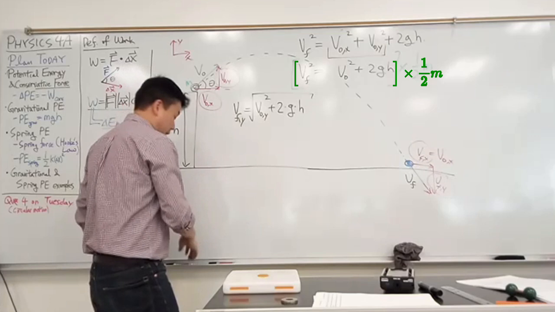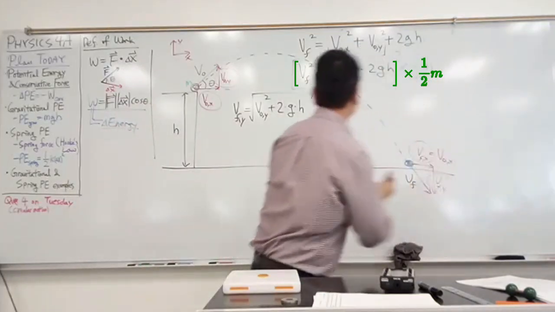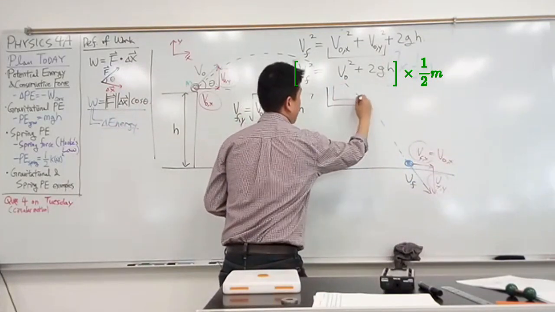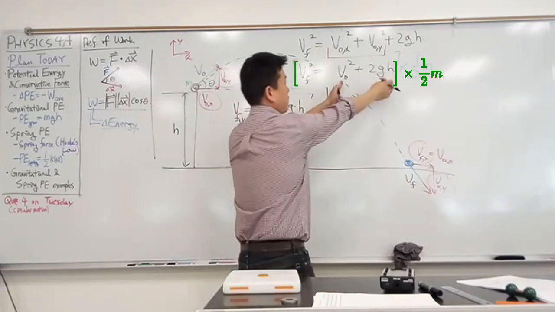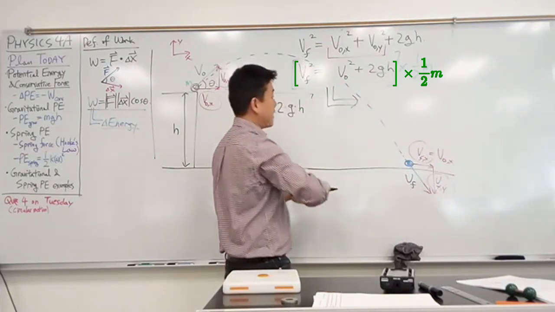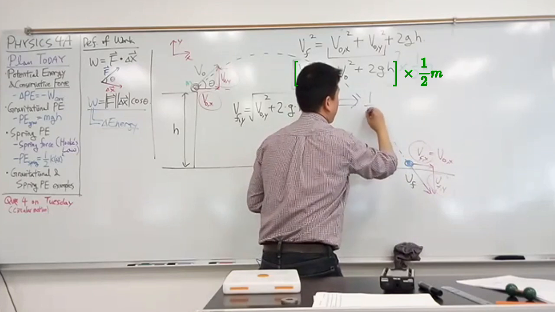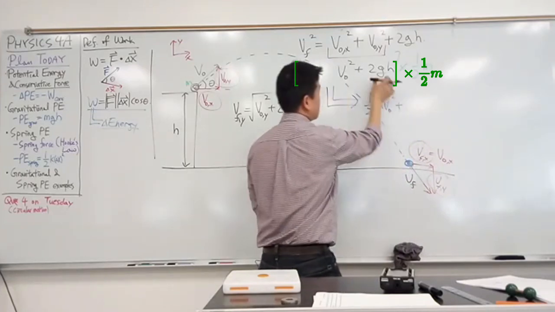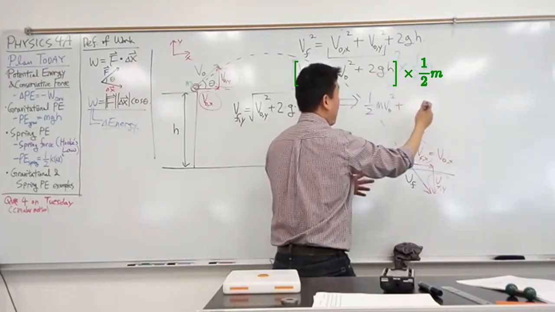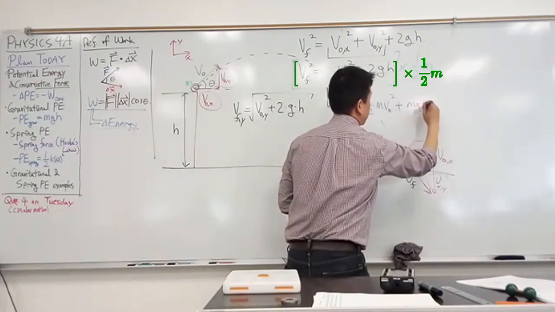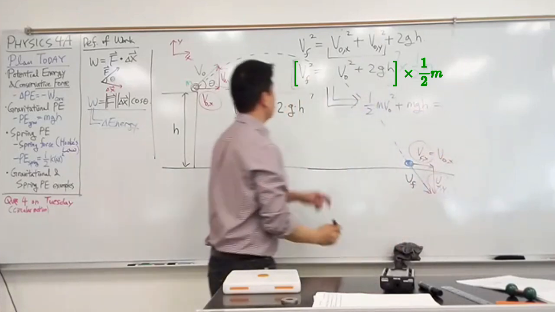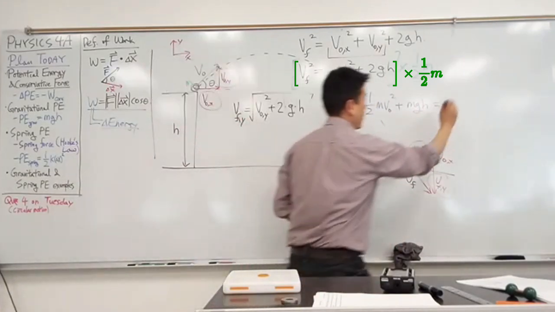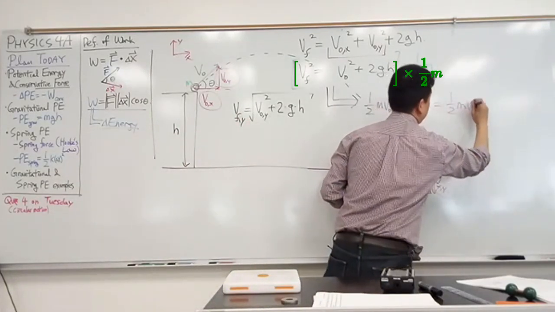And when I do that, this is what you end up with. Putting this on the left-hand side: 1/2 m v naught squared plus 1/2 times 2, so 1 m g h, is equal to 1/2 m v final squared.